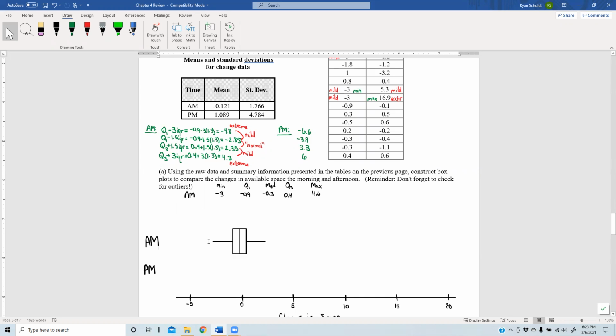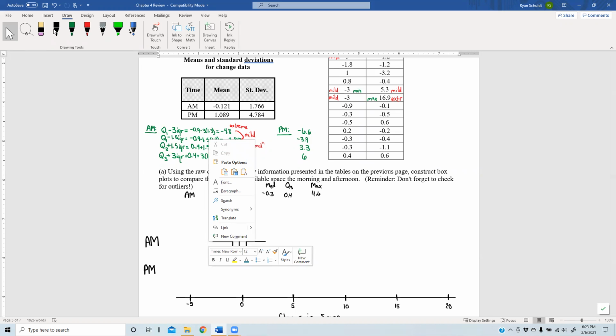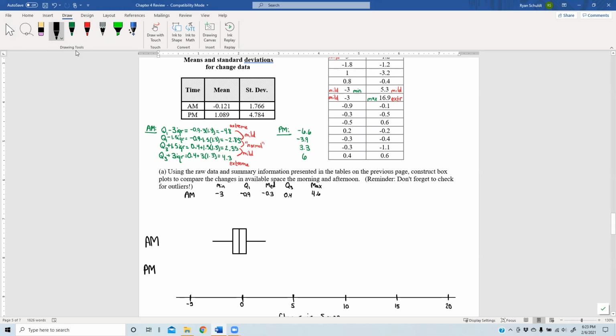So I'm going to come out here to -3 and do an open circle. Okay. Then I need a mild outlier at +3.